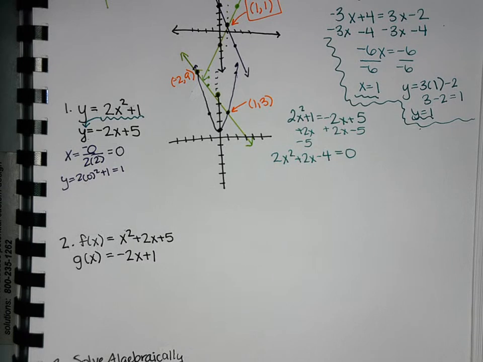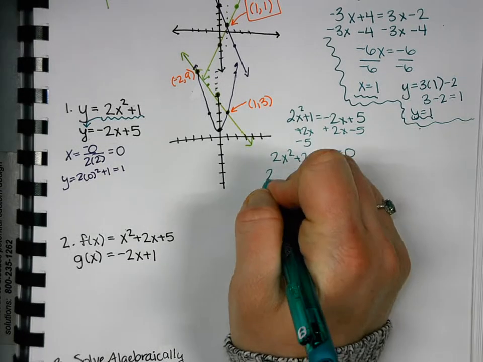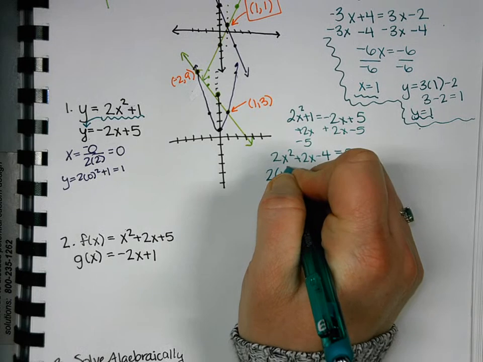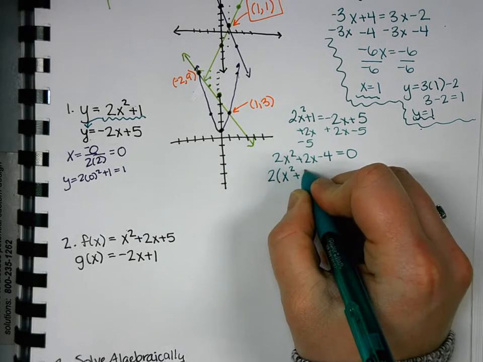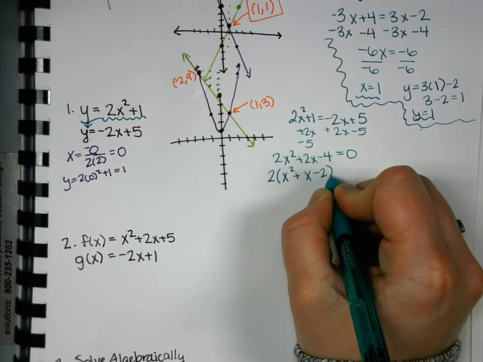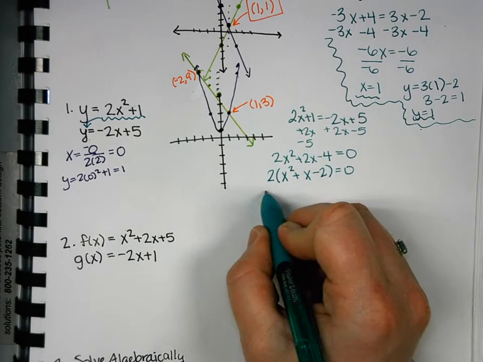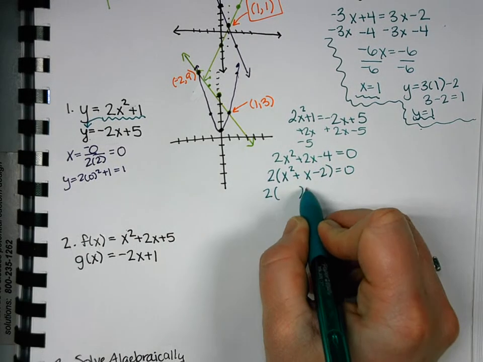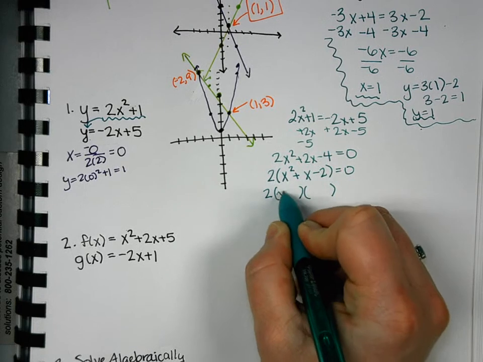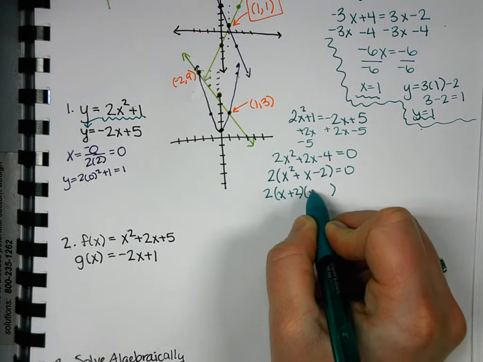Want to try factoring? I think that's a good idea. So I'm going to factor out a 2. And we'll have x plus 2, x minus 1.